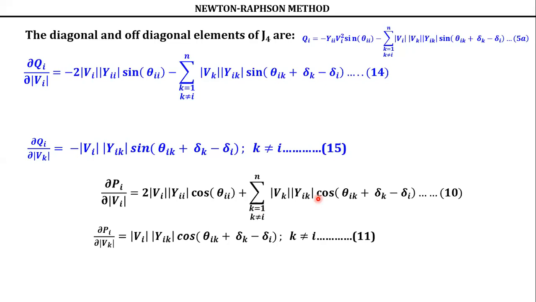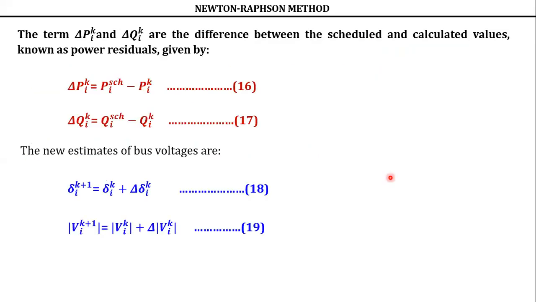Now let us continue this algorithm. There are two more steps before we move on to the actual algorithm or flow chart. The terms delta PiK, delta QiK are nothing but what? Power residuals. I have explained it.